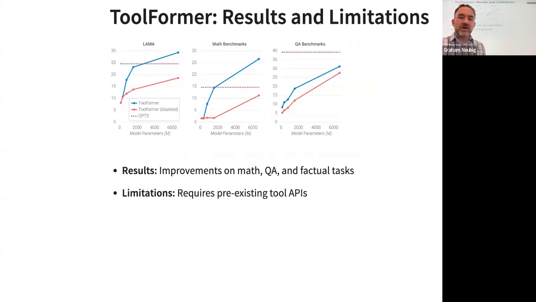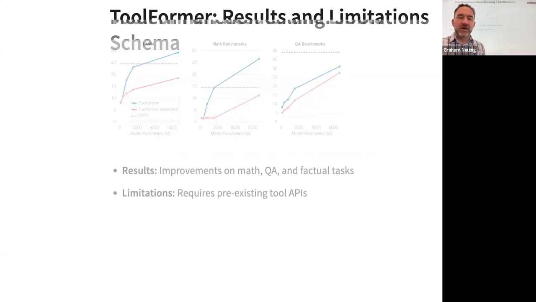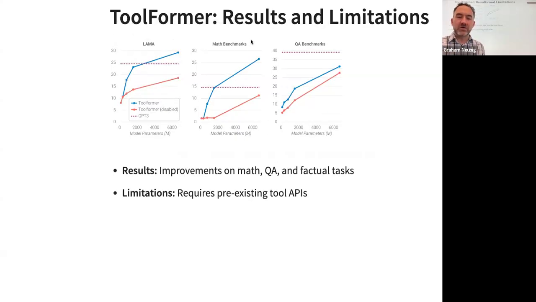They demonstrated that they got better and better as the model parameters increased, all the way up to 6.5 billion, which was a large model for them training 2 years ago. Interestingly, the improvement from using tools increased as the model size got larger.